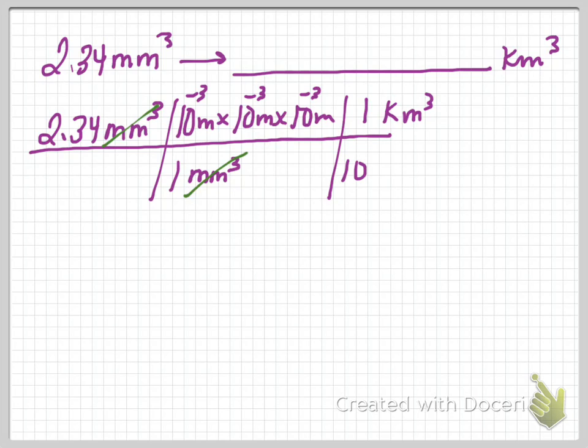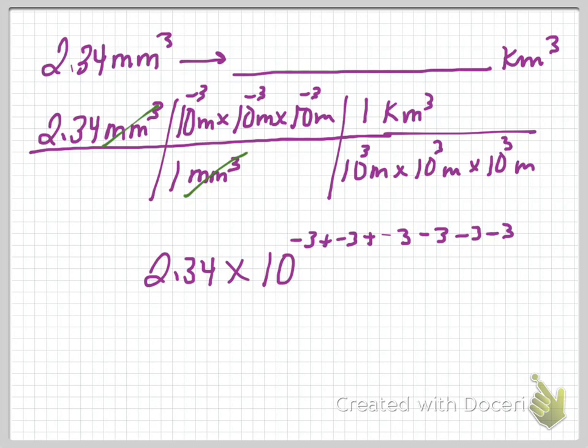In fact, it's 10 to the third meters by 10 to the third meters by 10 to the third meters. So what do we end up with? Well, 2.34 times 10 to the negative third plus negative third plus negative third minus 3 minus 3 minus 3. It's a lot of 3's and a lot of negatives. So we end up with 2.34 times 10 to the negative 18th.